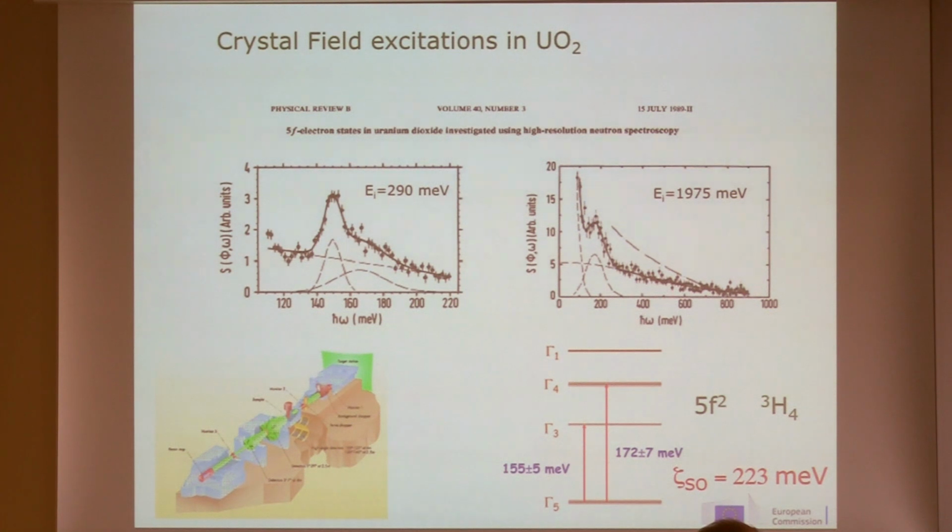There, we made the first experiments on a machine that was called the HET, a chopper spectrometer, that had the good characteristics for this kind of experiment. And indeed, we observed the presence of two magnetic excitations, and we were able to demonstrate that there were no other magnetic excitations up to about 800 milli-electron-volts.